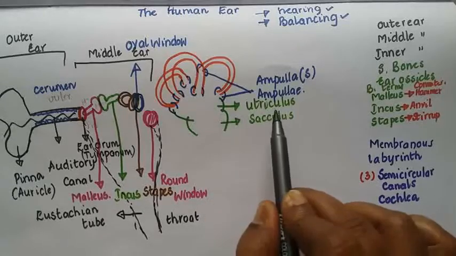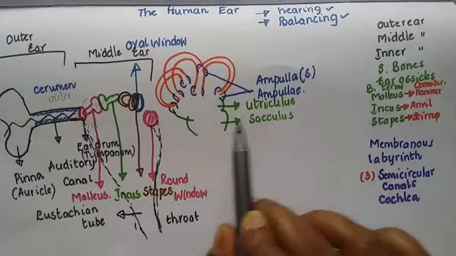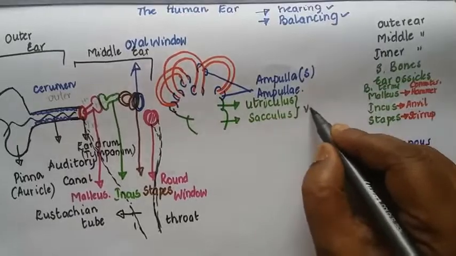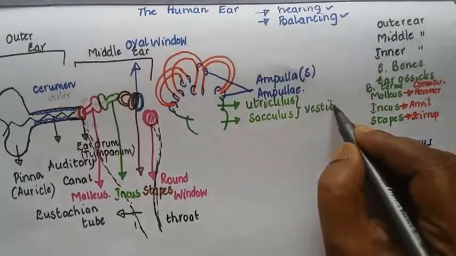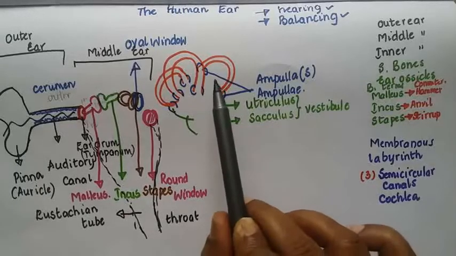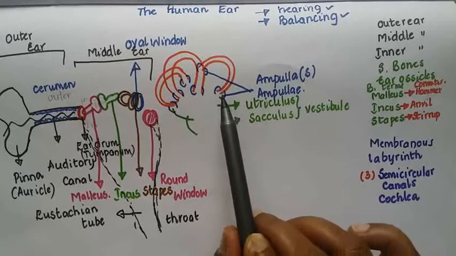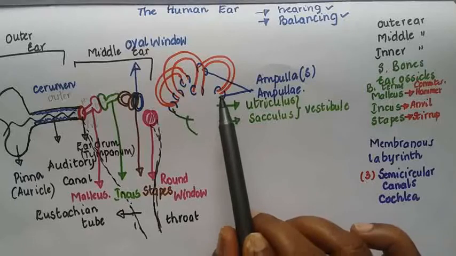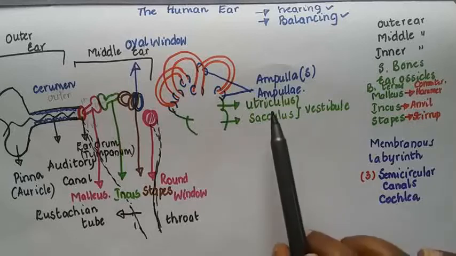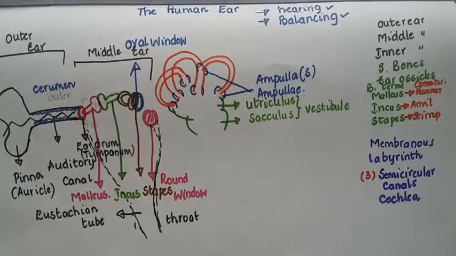The first is known as the utriculus and the second one is known as the sacculus, and these 2 are collectively called the vestibule. So the inner ear, or the membranous labyrinth, comprises the semicircular canals along with the ampullae at their bases, and at the bases of these ampullae we find the utriculus followed by the sacculus, which is collectively known as the vestibule.